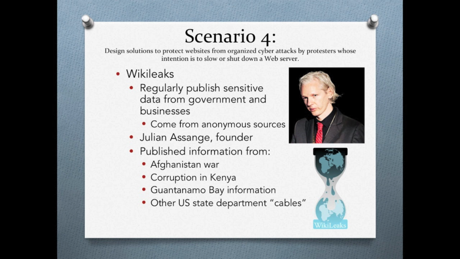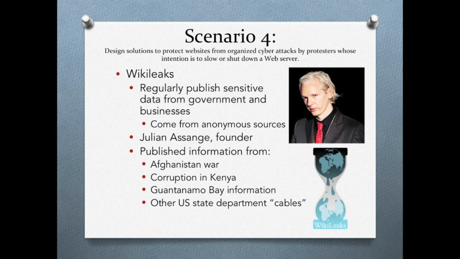There's a guy by the name of Julian Assange, and he is the founder of WikiLeaks. He's the one that created it. And what they do is when they obtain or have been given secret or very sensitive data from businesses or governments, they typically publish it for the internet at large to see with no restrictions at all. Now this is pretty scary stuff, isn't it?